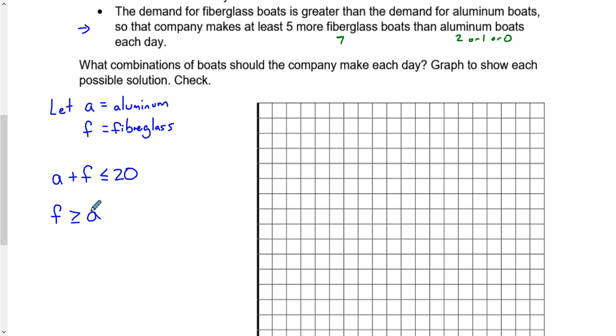If we take the amount of aluminum boats and add 5 to it, the fiberglass boats could be equal to that, or greater. And if we go back to these numbers, 7 is greater than or equal to 2 plus 5, 1 plus 5, or 0 plus 5. So overall, in a lot of situations, you have to pay attention to where something like that plays into effect.